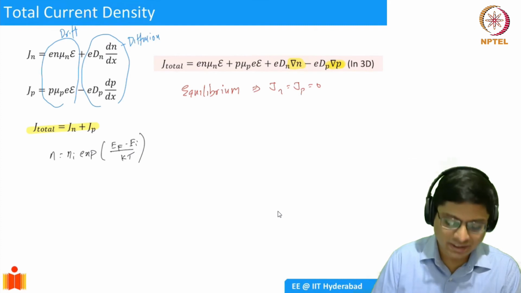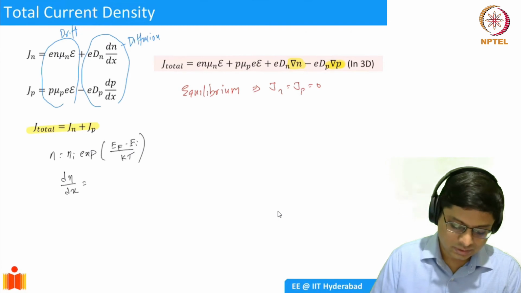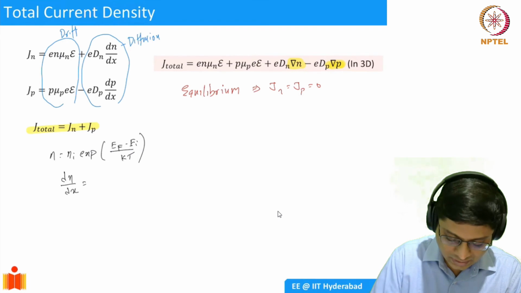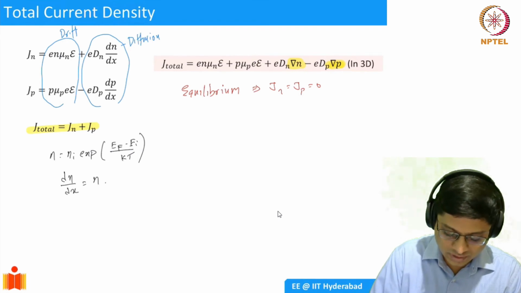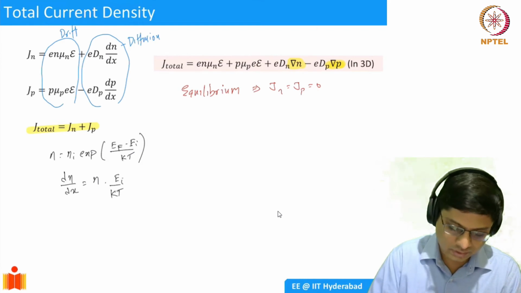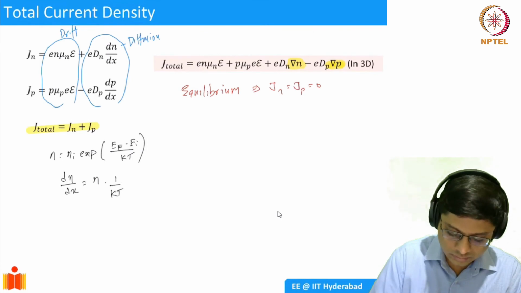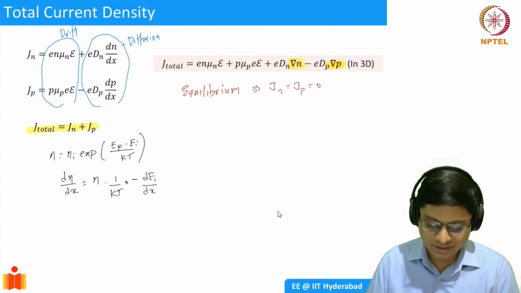So what will be dN by dx? dN by dx is going to be the same thing. The exponential derivative, if you take it, will become the same thing. So N times 1 over KT, times minus dEI by dx.